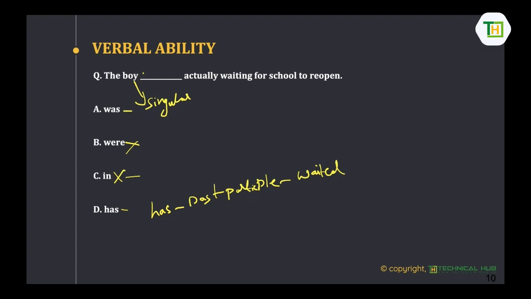The boy has actually waited for school to reopen, but it is wrong. So the boy was actually waiting. See, this is the ing form, the present participle form. You got to use the ing form. So the boy was actually waiting for school to reopen.